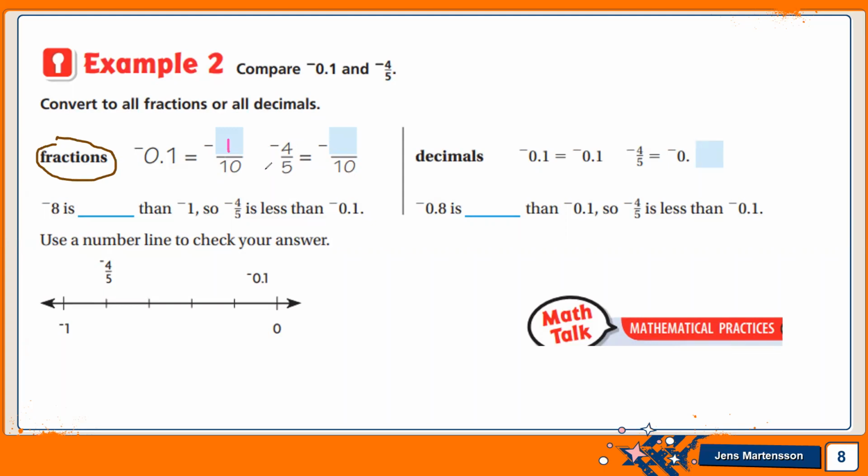I told you when you want to compare between them as fractions, you have to make them have the same denominator. So how can you make 5 to be 10? Multiply by 2. So it comes as negative 8 over 10. Now, what do we have here? We have negative 1 over 10.